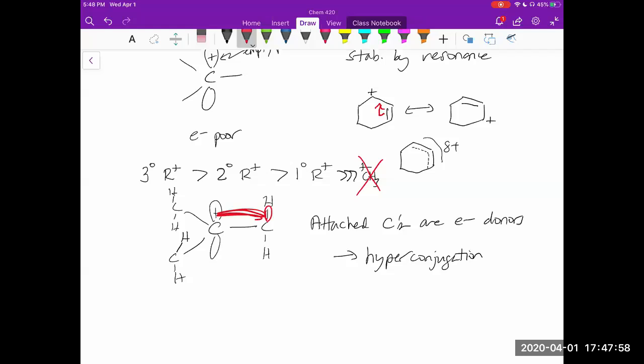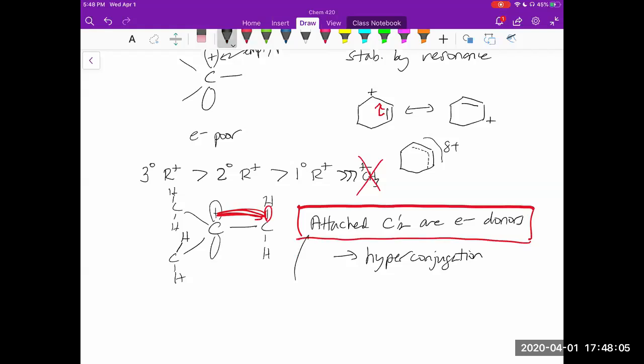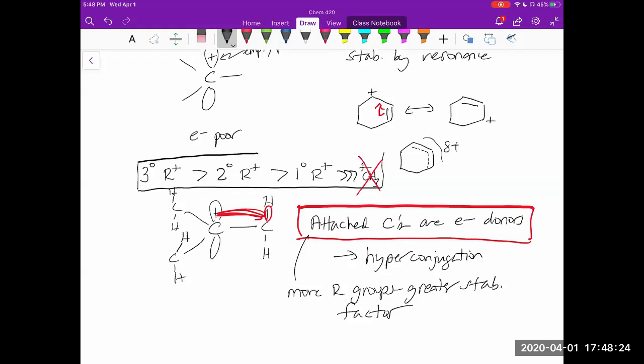So what you need to know in a nutshell about it is attached R groups are electron donors. The more R groups you have, the greater the stabilizing factor. And so that's why tertiary is better than secondary, is better than primary. Methyl hasn't got any, it's not going to form.